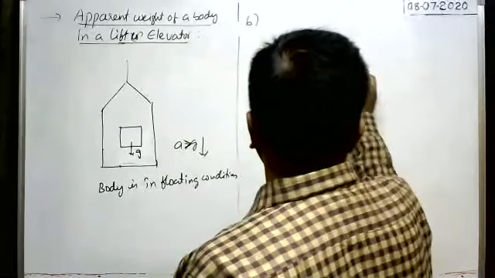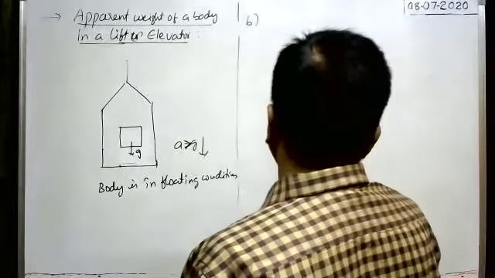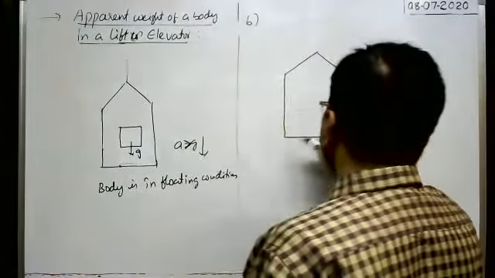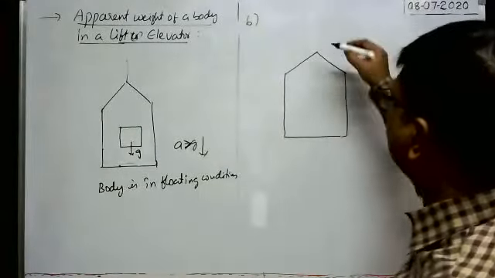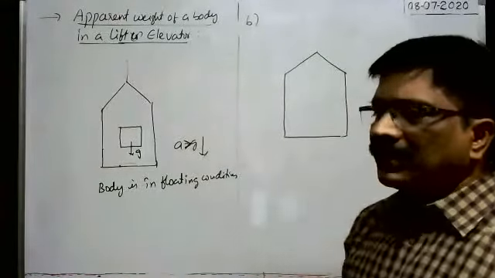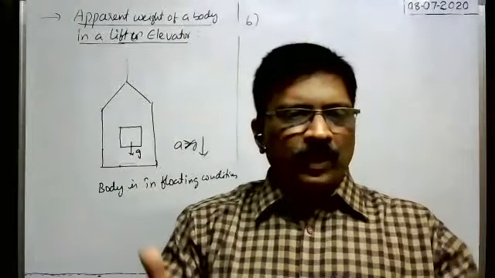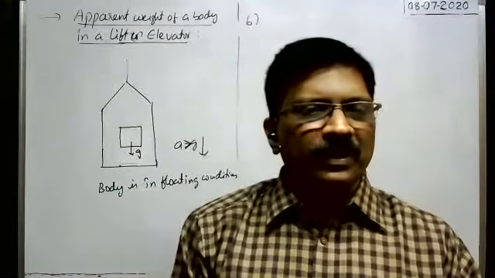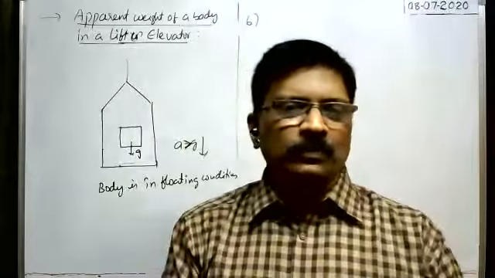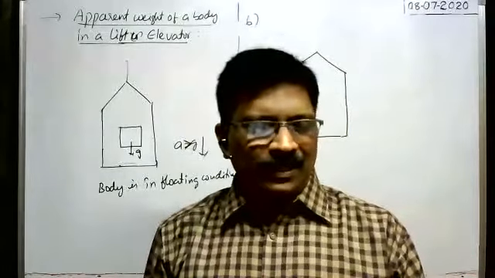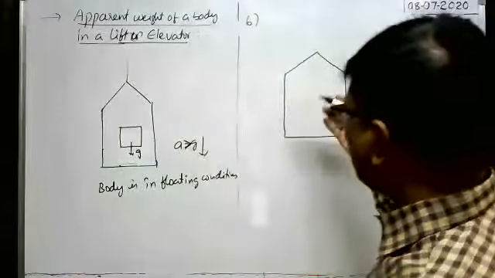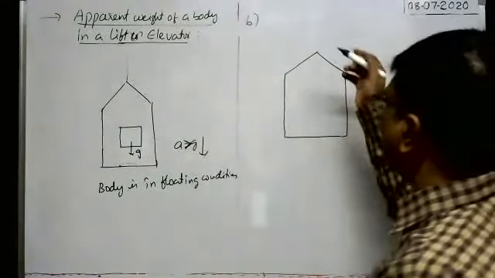Suppose here there is a crate or elevator. Crate means while constructing buildings, already one shaped box is there. In that box, the material is lifted upwards by pulling the rope. Such a type of arrangement is called a crate. This may be a crate or elevator.